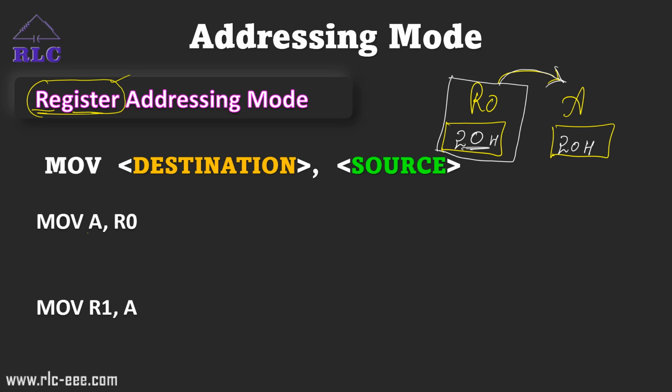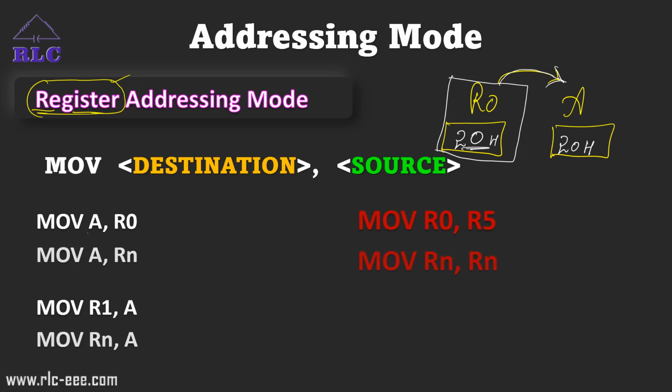So instead of writing MOV A, R0, MOV A, R1, MOV A, R2 and so on, we can indicate it as MOV A, Rn or MOV Rn, A.